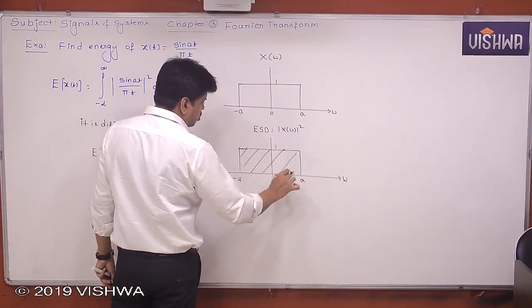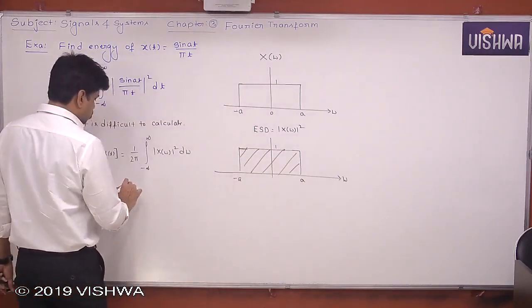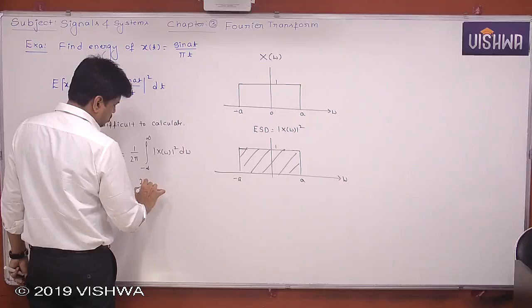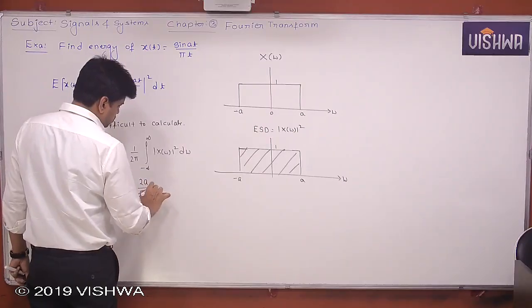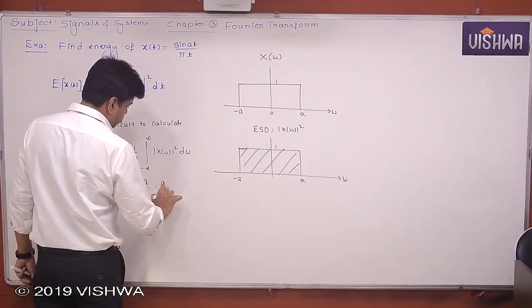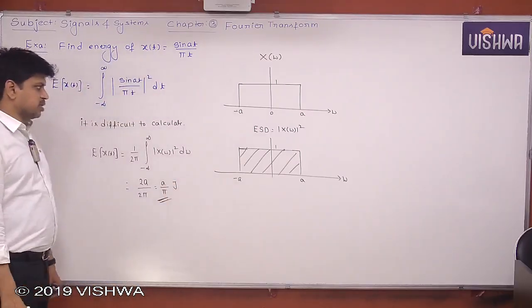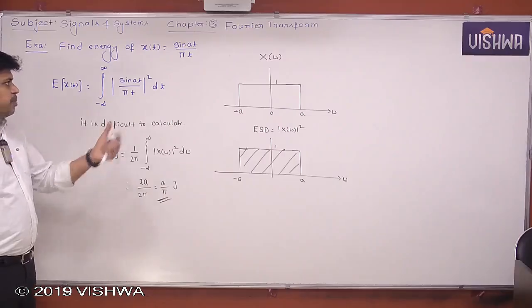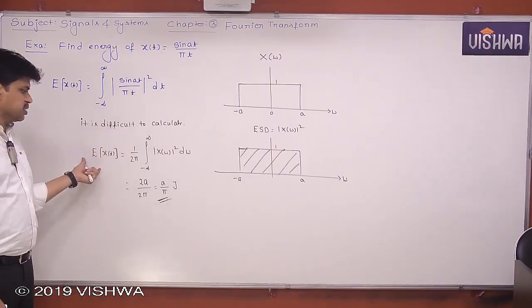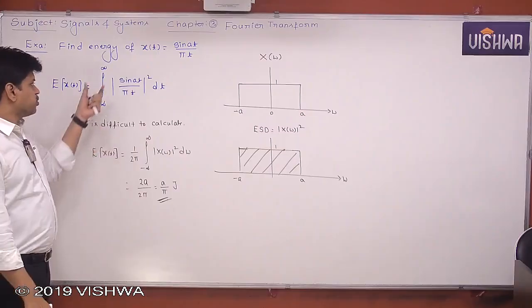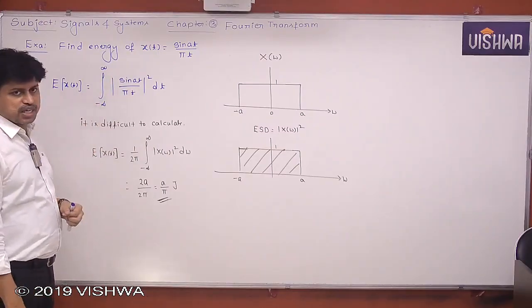It is nothing but 2a into 1, that is 2a, by 2 pi, which is nothing but a by pi joules. So this is the energy we can calculate. By applying Parseval's theorem, we can calculate the energy of the signal in a very easy manner compared to the difficult time integration. Clear? Take it.